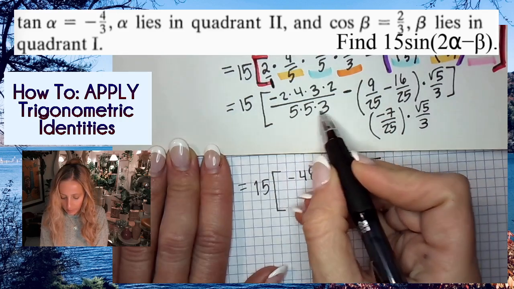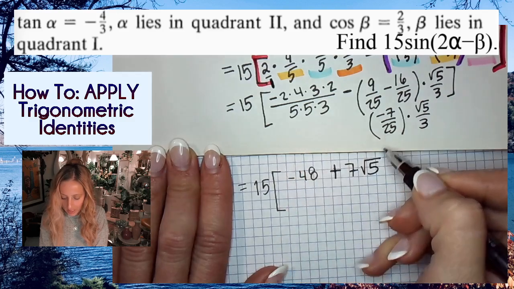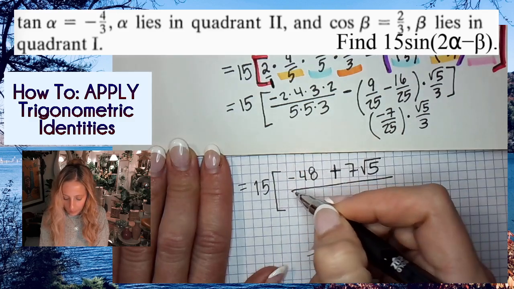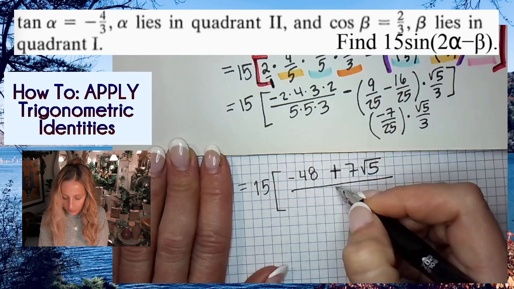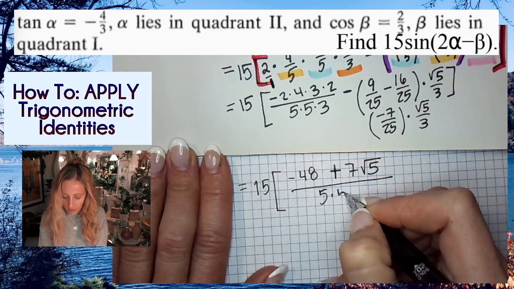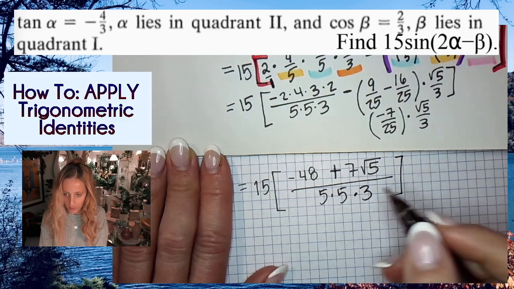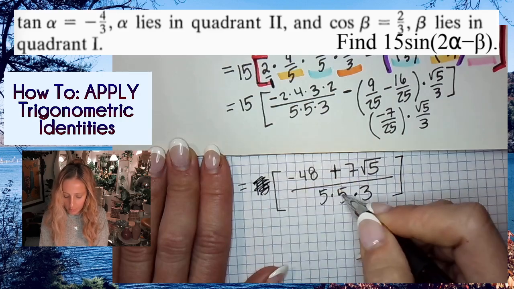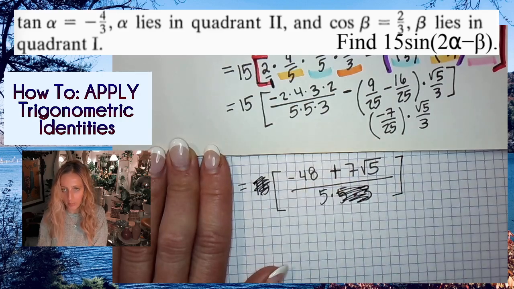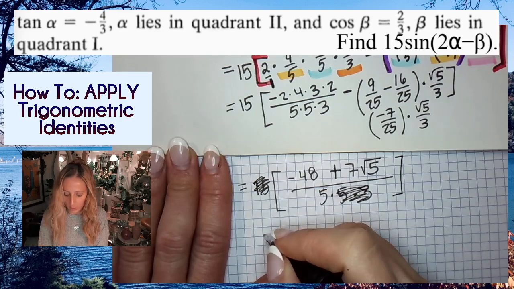This is 25 times 3, this is 25 times 3. I'm leaving it as 5 times 5 times 3. That's what they both are. I'm just showing you how to avoid making a mess. 15 can reduce with 15. If the numbers end up being bigger, this is manageable. You can avoid multiplying them all together by doing work like that along your way.